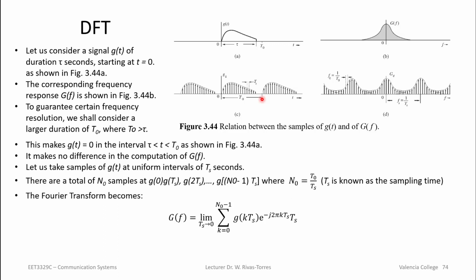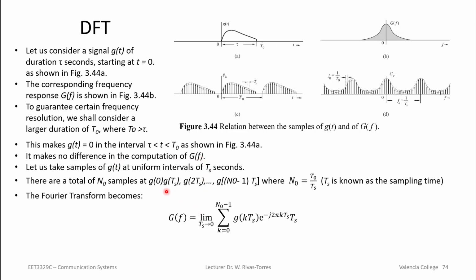The fact that we extended the signal up to t0 does not change G of f. That's why in the textbook it says it makes no difference in the computation of G of f. Okay, you can go back to the definition of the Fourier transform and prove that to yourself.